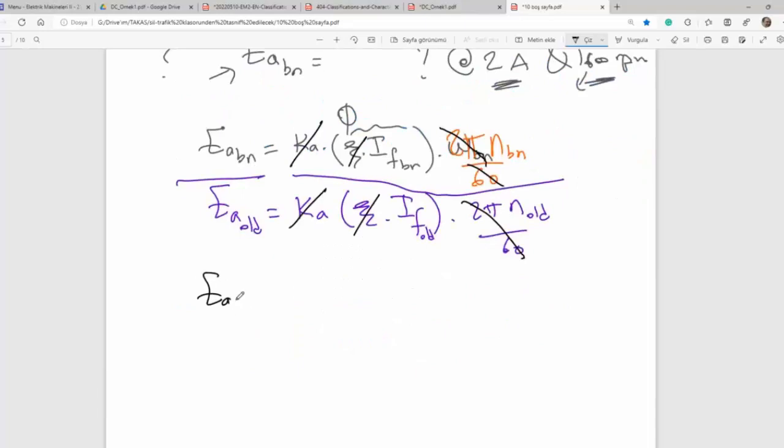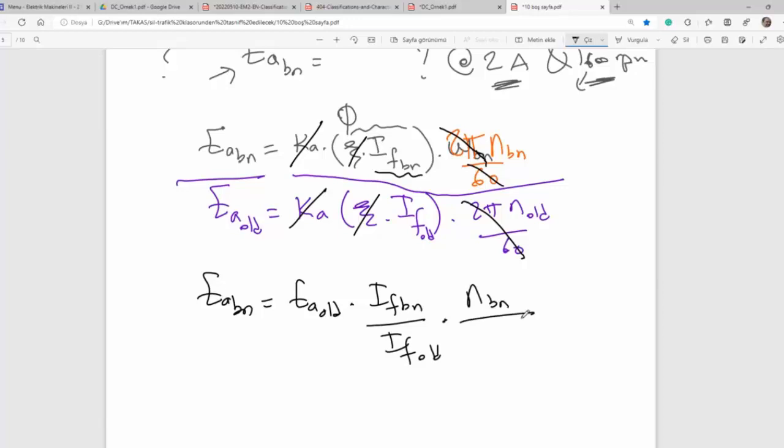Armature EMF brand new value is equal to, in terms of the old value, times field current If brand new over If old times N brand new over N old. Here you see the relation.